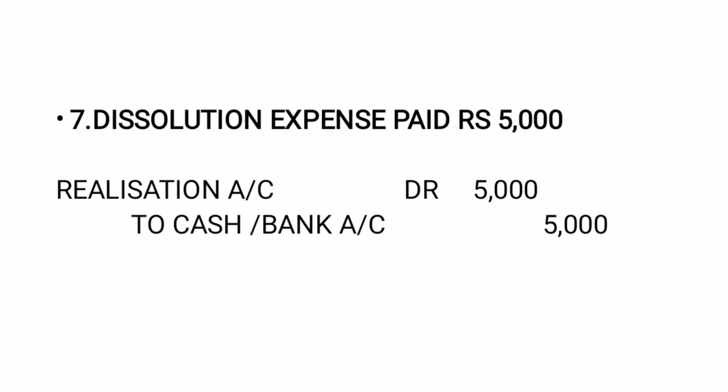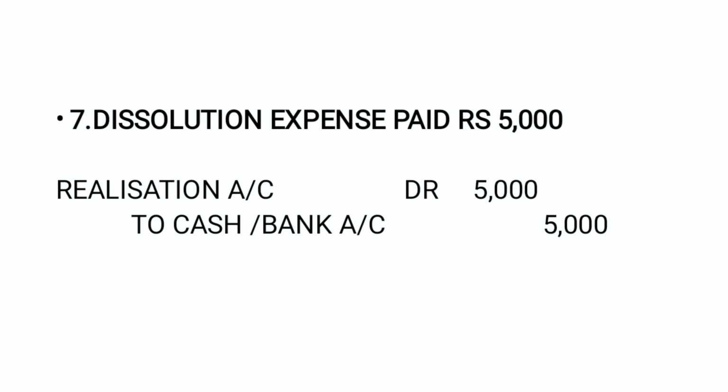The journal entry for payment of a liability, for payment of any expense is always this. So dissolution expense, again this is an expense. So there is no question of closing it down because it is not an asset, not even a liability. So realization account debit 5,000 to cash and bank account 5,000.